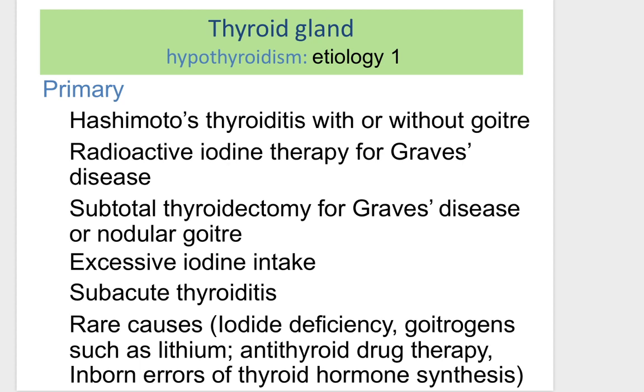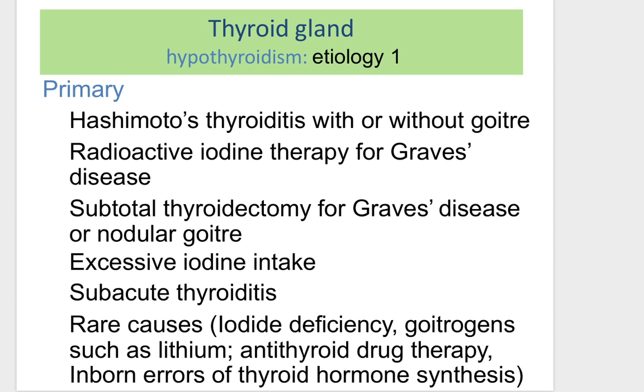And several words about different pathologies. First, it is hypothyroidism. Etiology. It can be primary. It is usually caused by Hashimoto thyroiditis with or without goiter. It is the most frequent pathology of the thyroid gland at all. It can be radioactive iodine therapy for Graves' disease, like an iatrogenic complication of the therapy. It can be subtotal thyroidectomy for Graves' disease or nodular goiter. It can be excessive iodine intake.